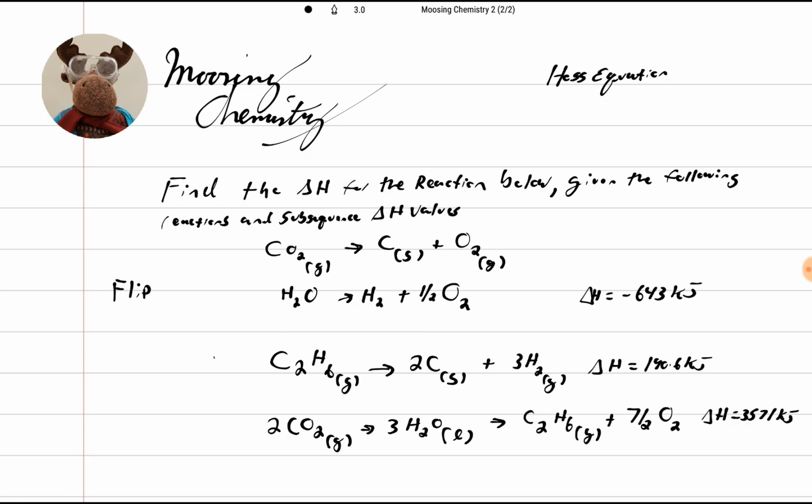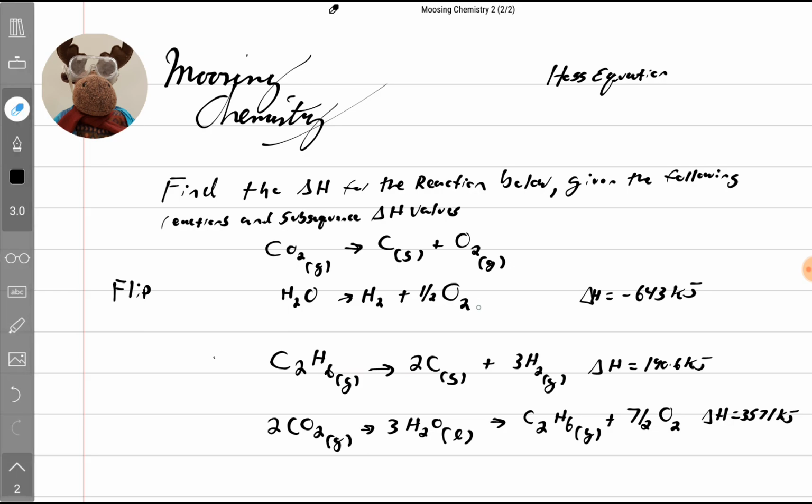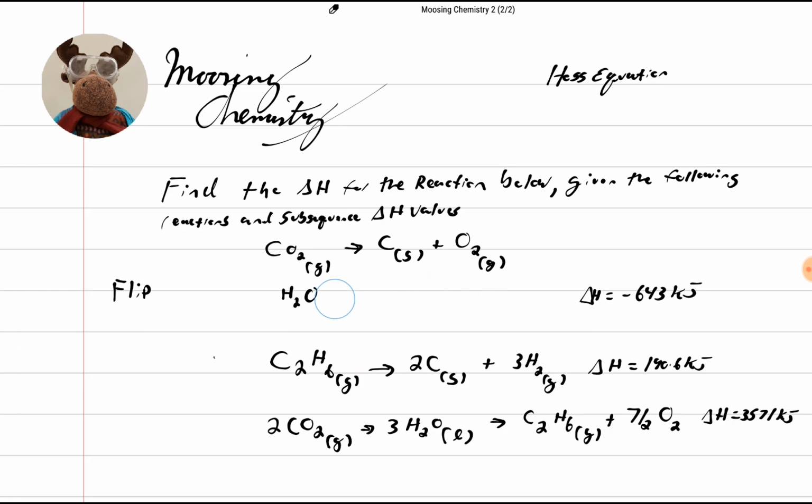So what that means is I'm going to erase that equation as I flip it, and change this to H2 plus 1/2 O2 yields H2O.